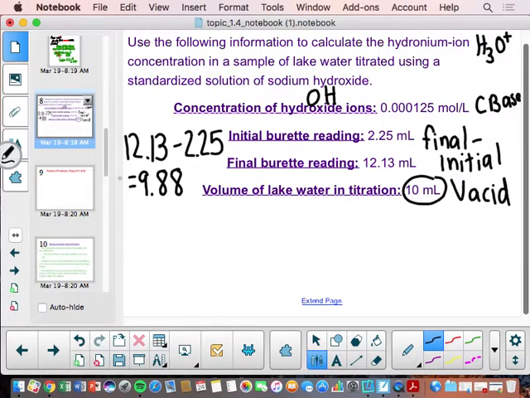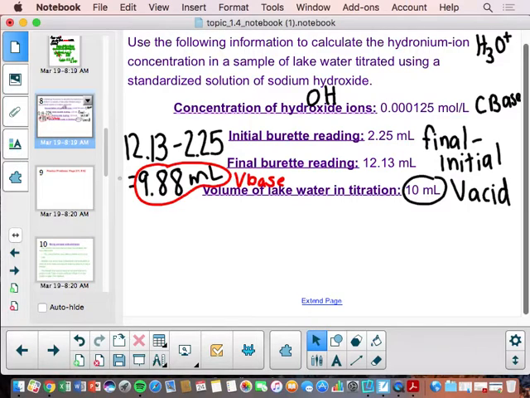Right? That's what you got? Okay. And that's in milliliters. All right? So that milliliter amount is our burette. Our burette is holding hydroxide. So this number is our volume of our base.